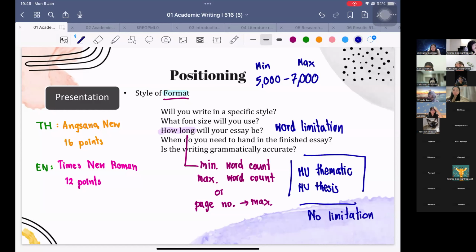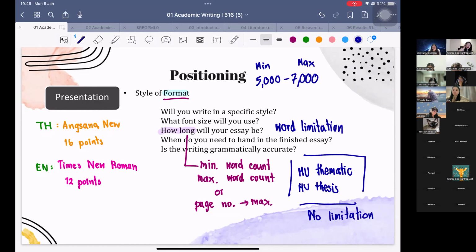Most of you are in nursing, public health, music, music therapy, music education. I think it's probably close to 60 or 70 or maybe 100 pages. Not sure about music. For thesis. For thematic, probably 70, 80 pages, around that amount.